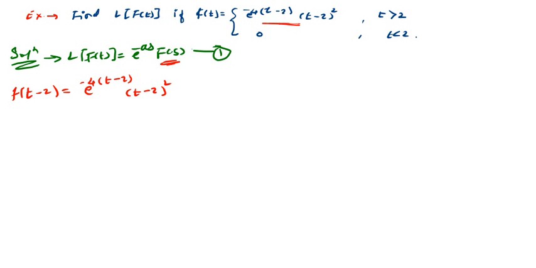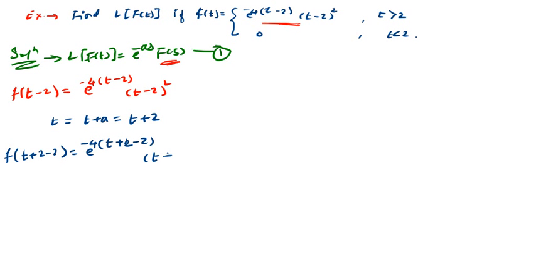So in this, replace this t by t plus a, but a is 2, so replace this t by t plus 2. So what you will get? This will be f of t plus 2 minus 2 equal to e raised to minus 4, replacing t by t plus 2 minus 2, and this t by t plus 2, and this minus 2 as it is.